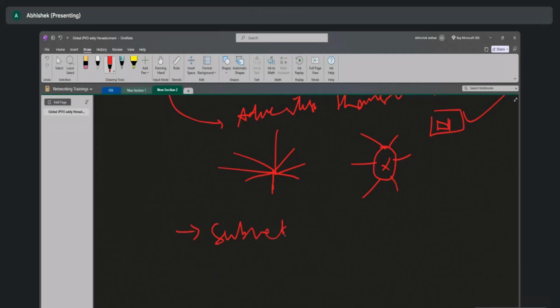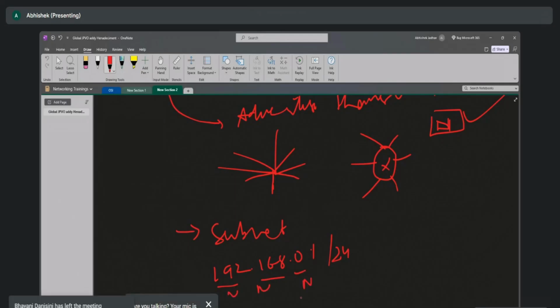What I meant by subnet is this: let's say we have 192.168.0.1/24. By 24, I mean that 3 bytes are reserved for the network, 8 into 3 is 24 bits.